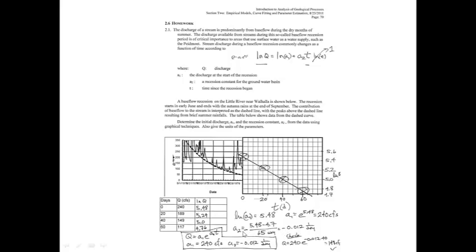Okay, so those are the calculations, and then when I'm finished, I rewrite the equation that I'm using for clarity. I give the parameter, the value, and the unit. The second parameter, the value, the unit. And then I indicate that that's the result. I put a box around it.